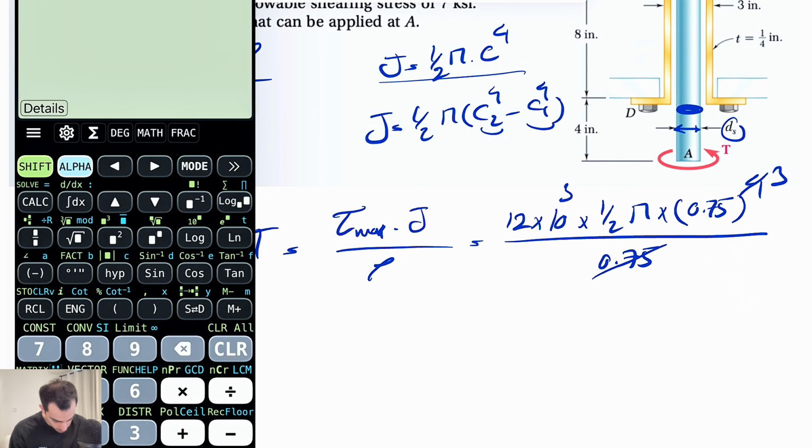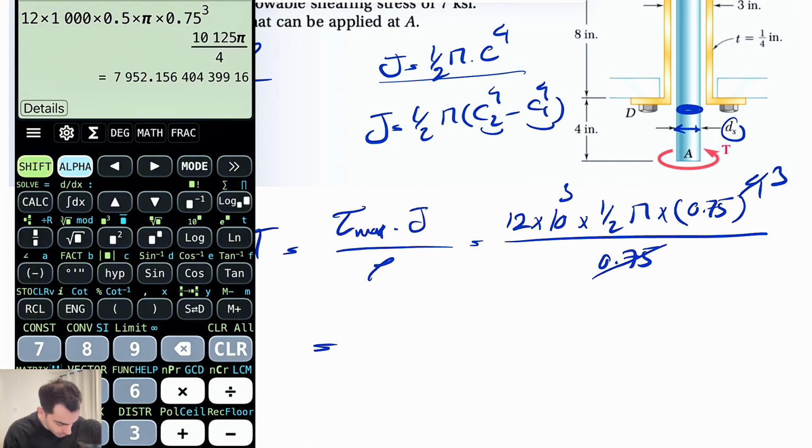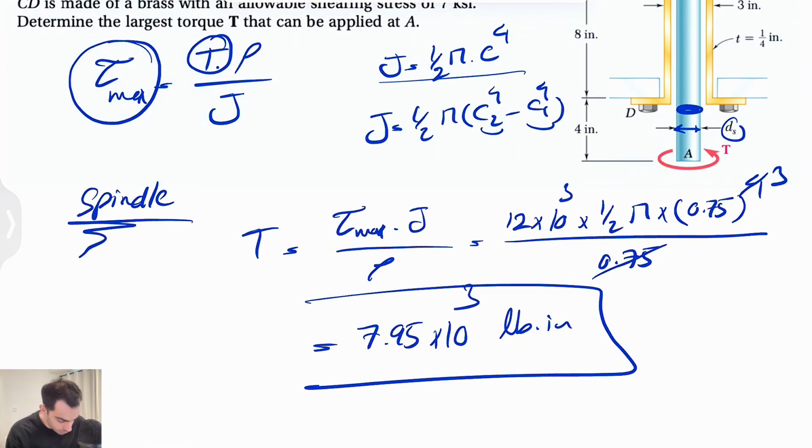So 12 times 1000 times 0.5 times pi times 0.75 to the power of 3. So that's going to be 7.95 times 10 to the 3 pound inch.